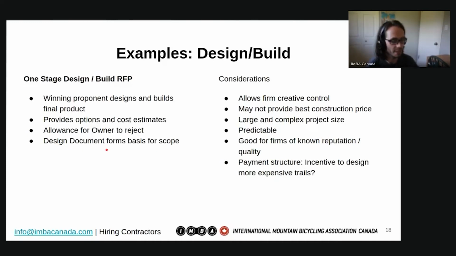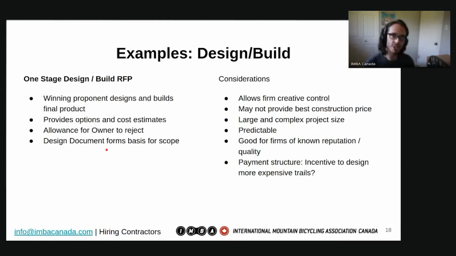And this can be a nice way to get a whole bunch of trail done and really maximize the expertise of a firm that has a lot of experience in doing this kind of work. They'll be able to ensure that the design actually makes it through to the construction, which is something that may not happen with a two-phase approach.